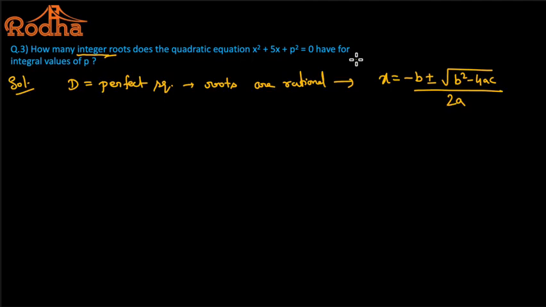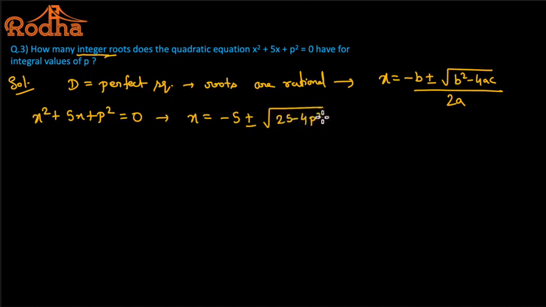So what equation do I have? The equation is x square plus 5x plus p square equal to 0. For this I can write the formula here. The value of x will be minus 5 plus minus under root 25 minus 4p square, because b square minus 4ac, so 5 square is 25 minus 4p square, divided by 2. Now that is the value of x.